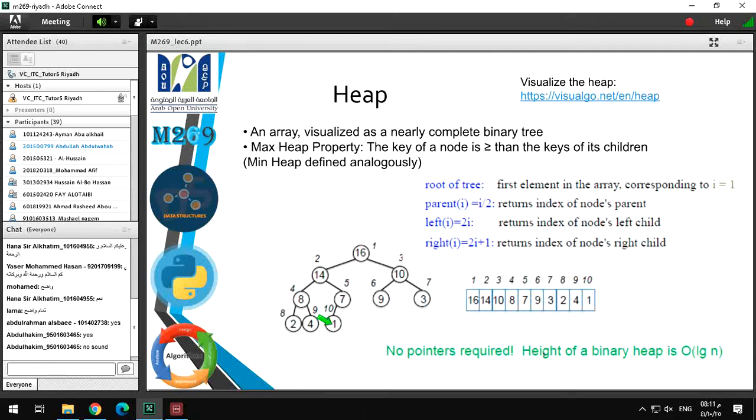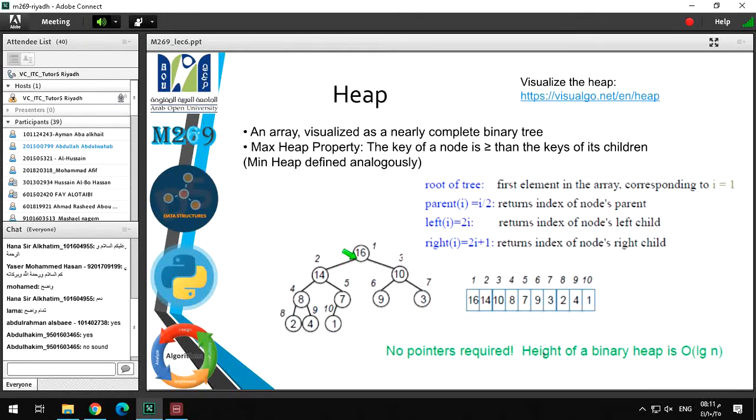We have one property in the heap trees, which is the max heap. Max heap means the node, which is the parent, must have a value greater than its children.